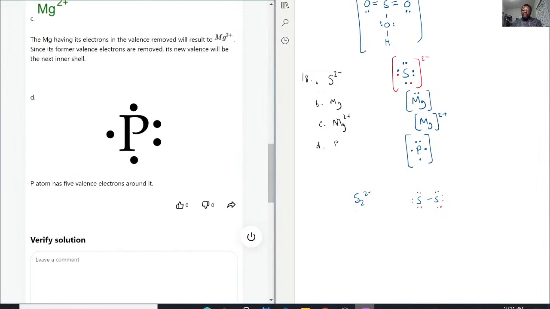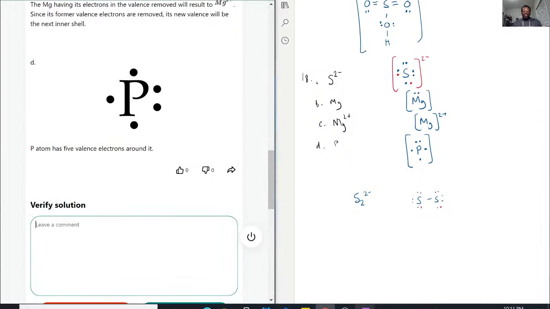But other than that, that is what we would do when they ask for a Lewis structure. It's good to always put that box around it, just so that when you have situations like the S2 minus and the magnesium, you're pretty much saying, I've drawn it, and the reason why you see nothing there is because it's lost some, or if you see extra, it's because it's gained some. So this is correct.